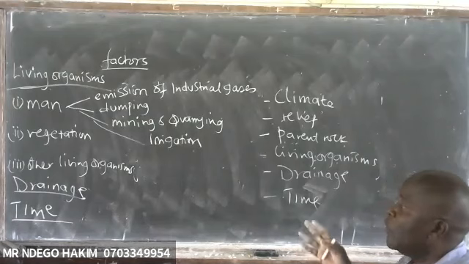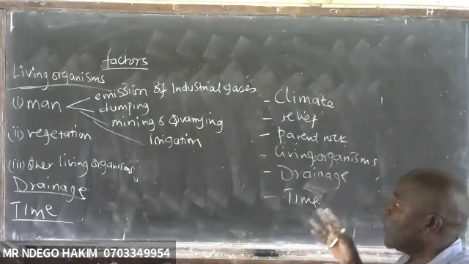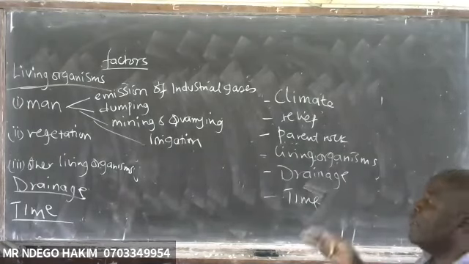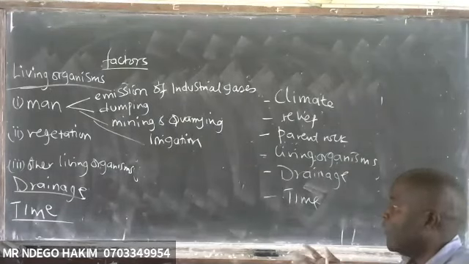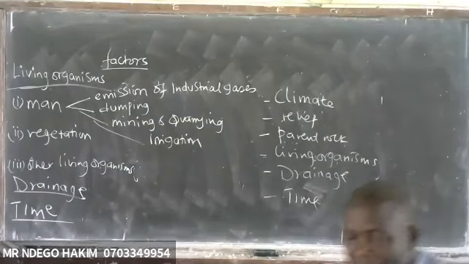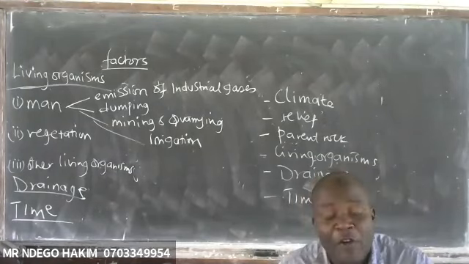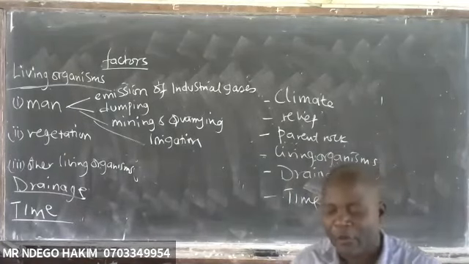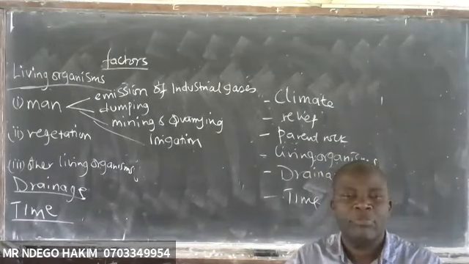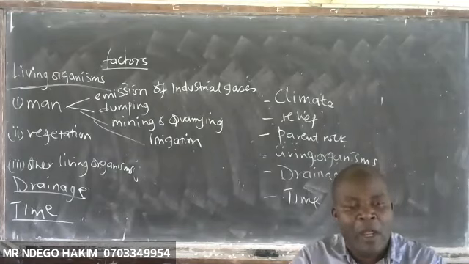Then living organisms, we looked at man and the different forms, how it has contributed to chemical weathering. We looked at vegetation, other living organisms like bacteria, the rodents, the termites. Then we looked at the drainage and the time. In all, in summary, those factors account for the dominance of chemical weathering in the tropical humid areas of East Africa. That is how we try to approach that question.